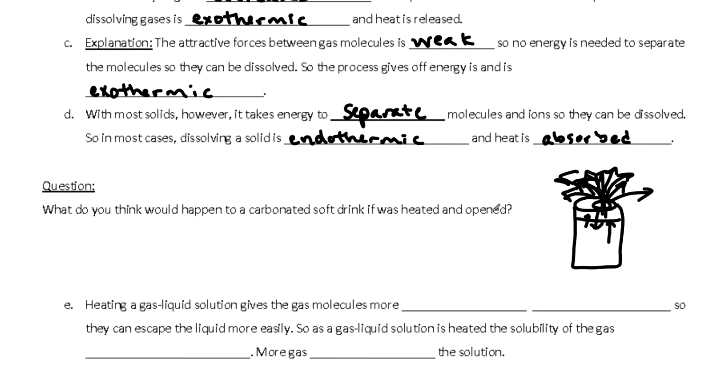Okay, so if you watched the video I posted yesterday, there was a guy who was showing basically this effect, and he used seltzer water, and he had one in a cold water bath or an ice bath, one in a hot water bath, and one at room temperature, and he opened each of them. So you saw the seltzer water spill and fizz all over the place in the hot one.